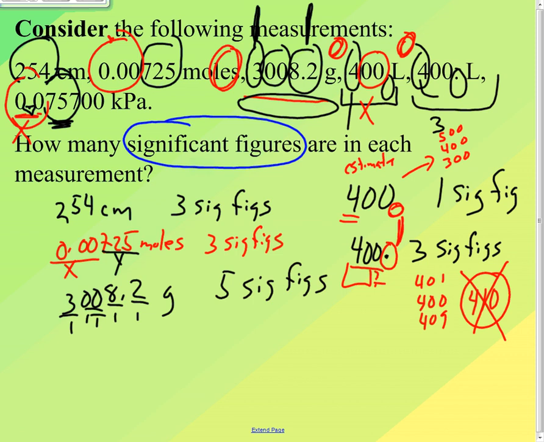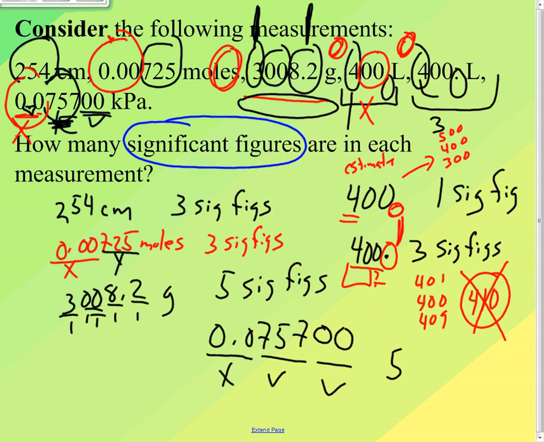And to the right of my last non-zeros, I have some zeros. That means those zeros are significant. So that means something like 0.075700 has what? Not significant, significant, significant. 5 sig figs. Whoo! That could be a little confusing.